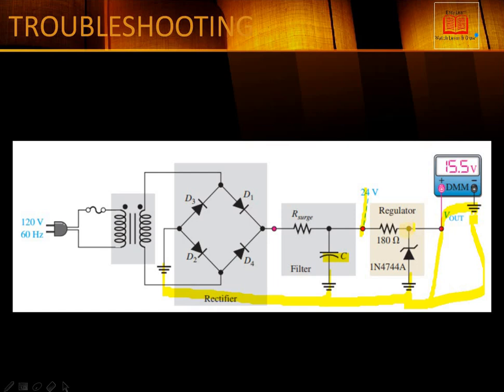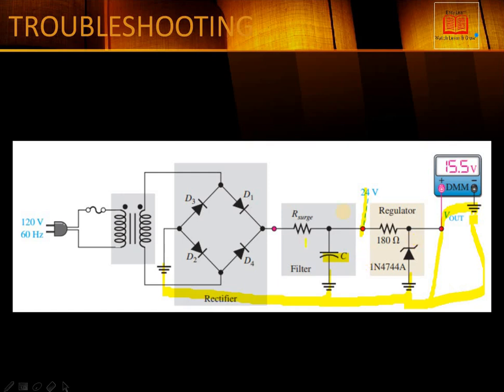We will use this limiting resistance, because the current should be limited to the zone in which it can maintain regulation. As I explained in the lectures when we discussed the Zener diode, we should remain in the zone from IZK to IZ maximum.